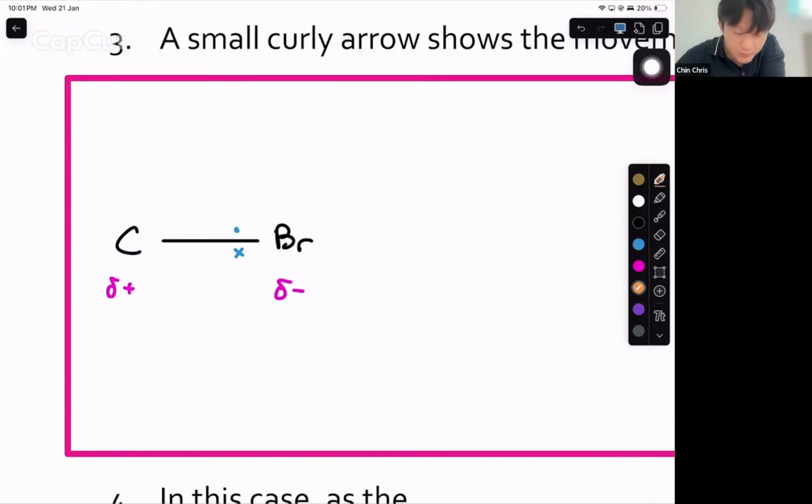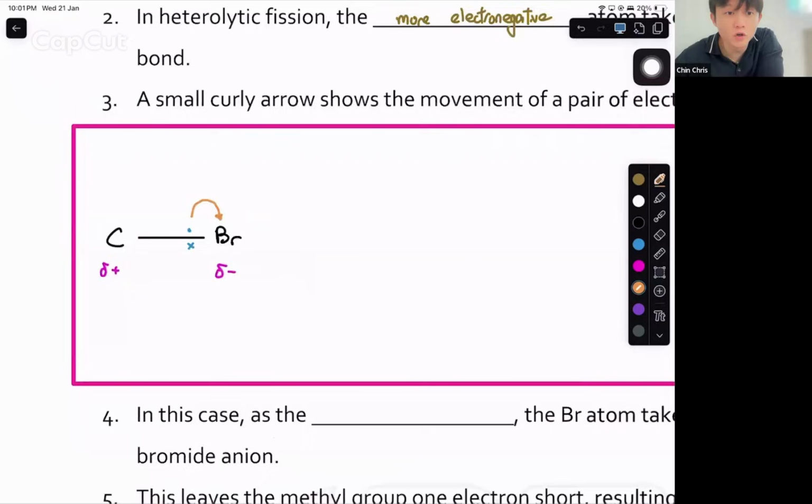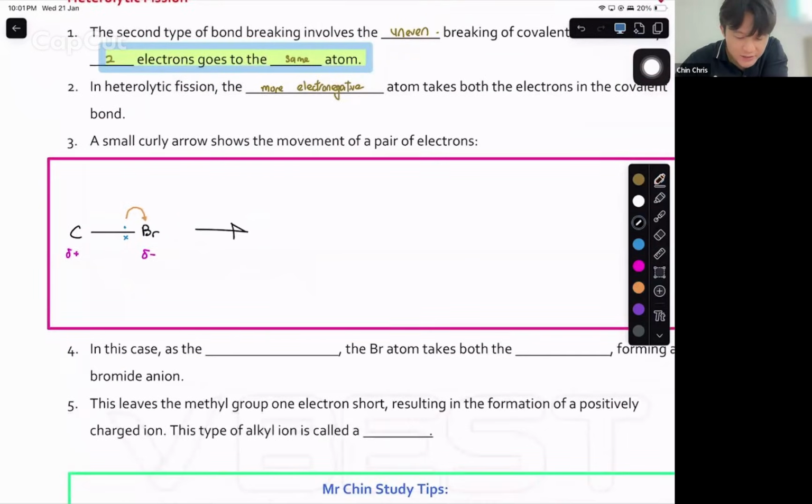Toxic fella be like, whatever is yours is mine now, boom. Both electrons go to Br. Then eventually, C, after breaking up, is left with a positive charge, and Br carries the negativity with him. So a cation and an anion are formed, okay?